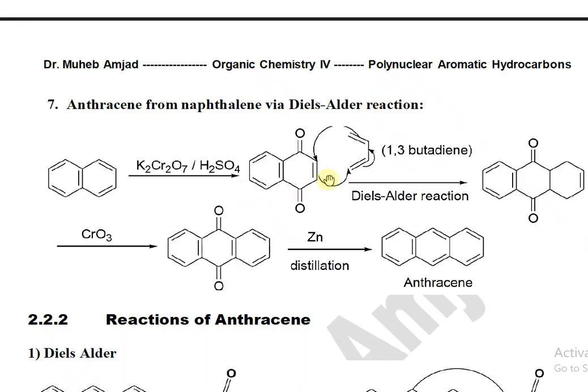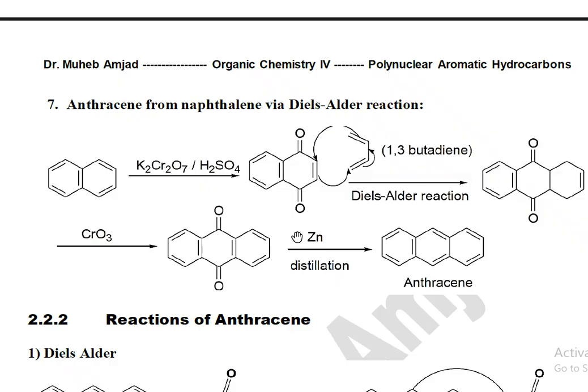Then we have dehydration, and then a reduction again to remove the carbonyl group to prepare the anthracene. So we took 6 or 7 different methods here to prepare the anthracene compound.